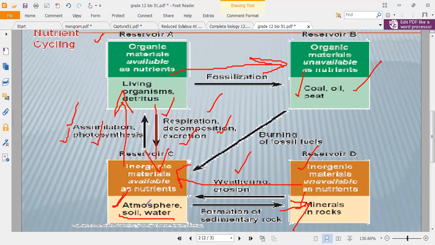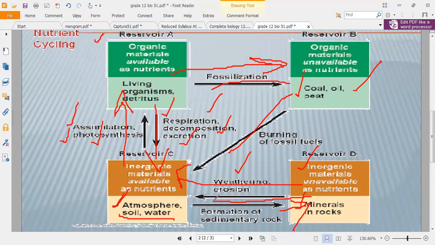From the atmosphere they move again into the living organisms, which assimilate them, and after being buried for millions of years, they change again into coal and oil. So that is indirectly used, a slow process.